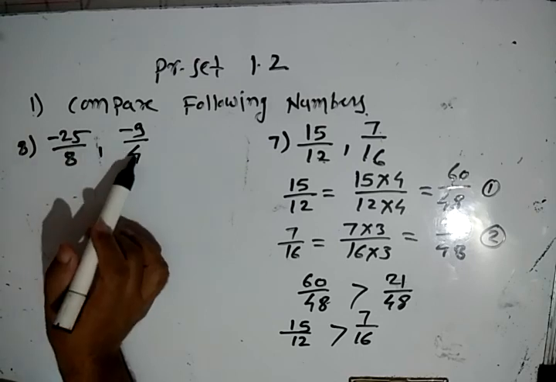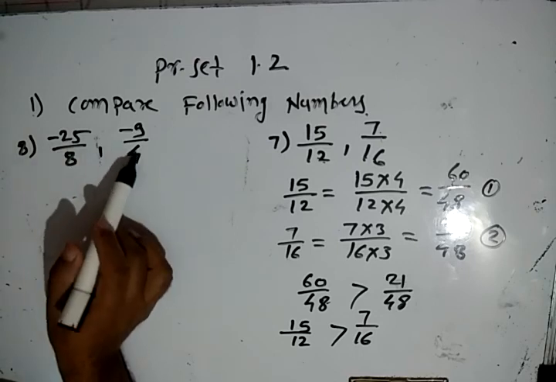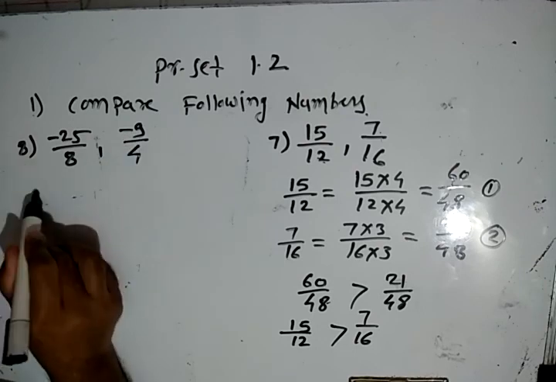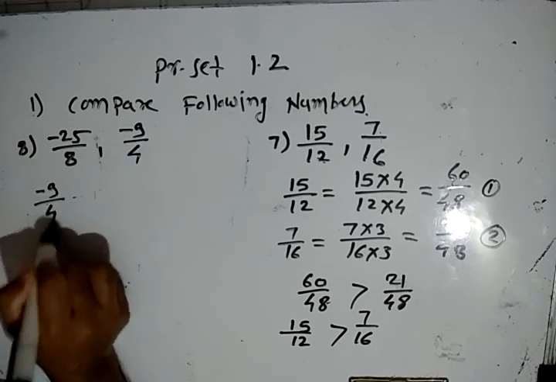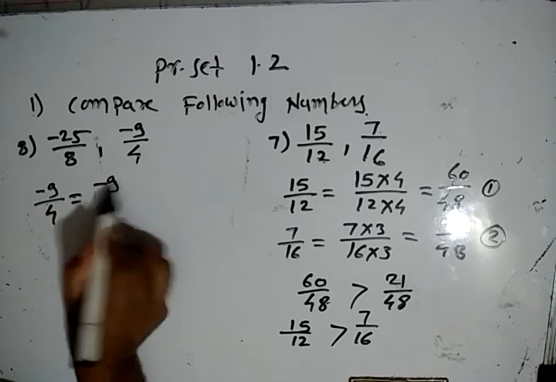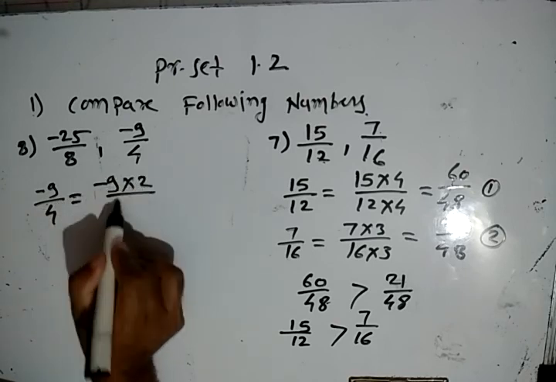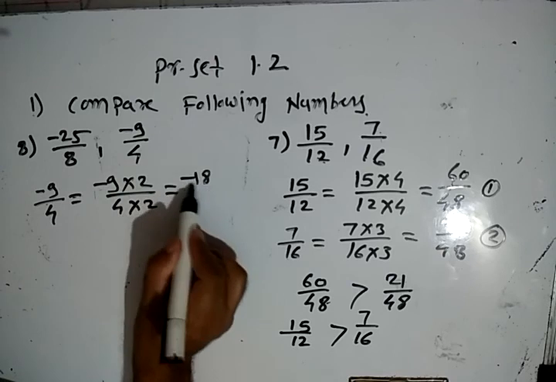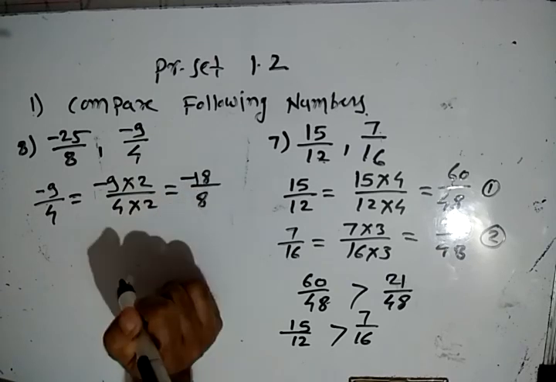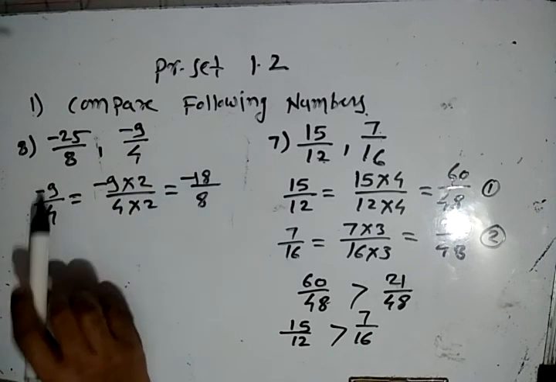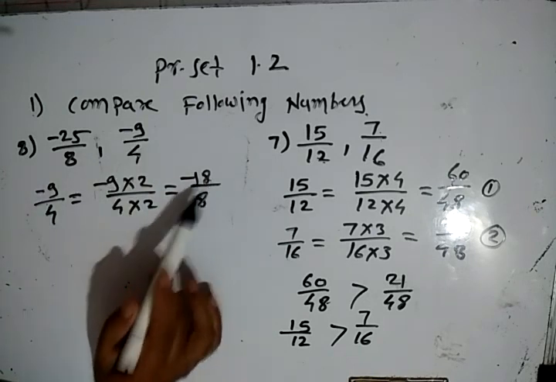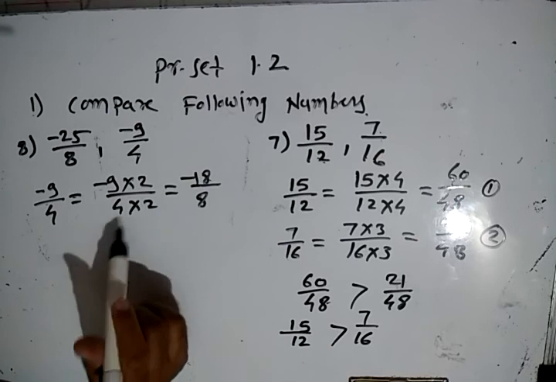But we have 4 and 8, therefore multiply the second rational number by 2. Here we can write minus 9 upon 4 is equal to minus 9 into 2 upon 4 into 2, that is minus 18 upon 8. Here we write the second rational number in this form, minus 18 upon 8.